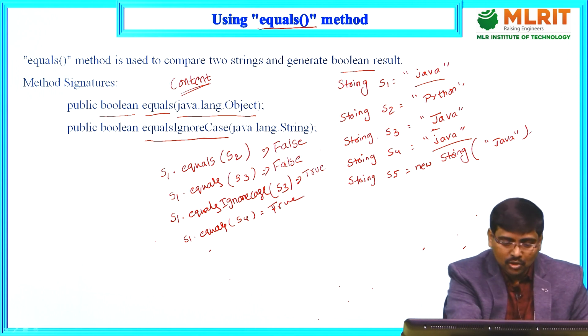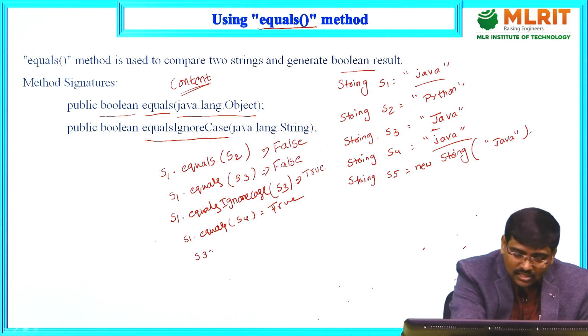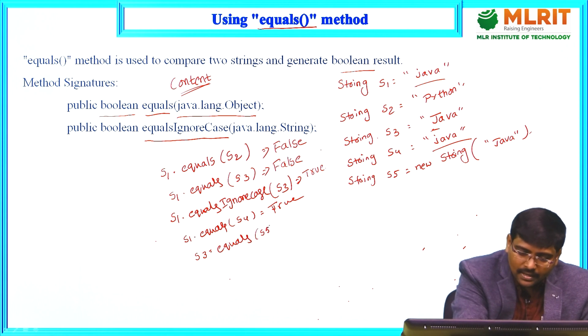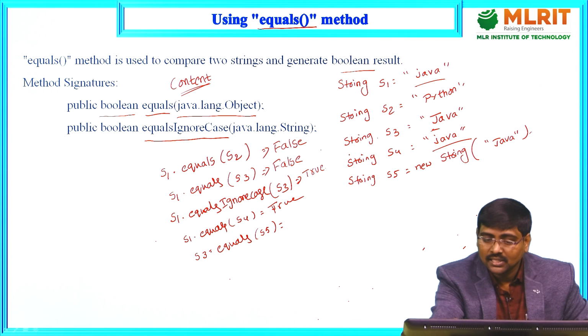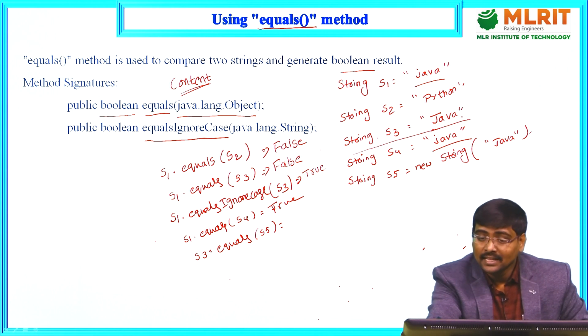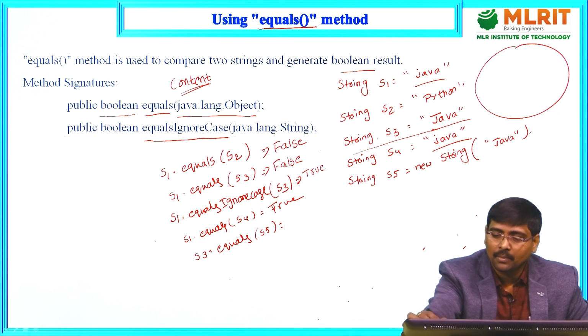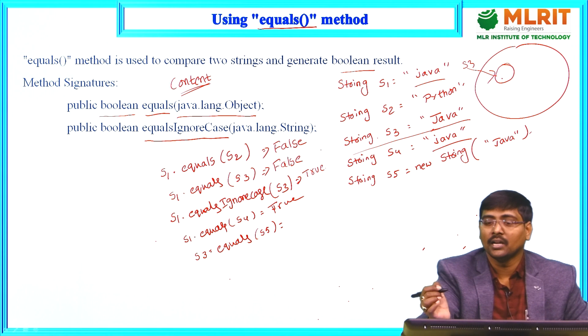And the last one, check this one, S3.equals(S5). Here S3 is the string that is created by using string literal. Inside the memory, S3 is stored inside the string constant pool.